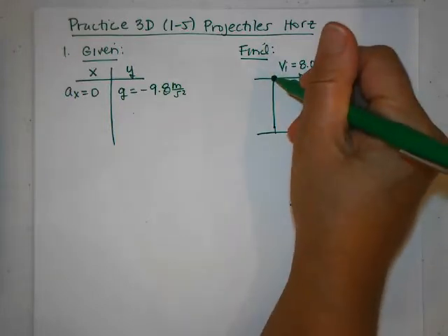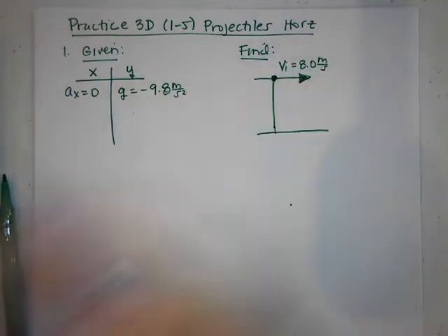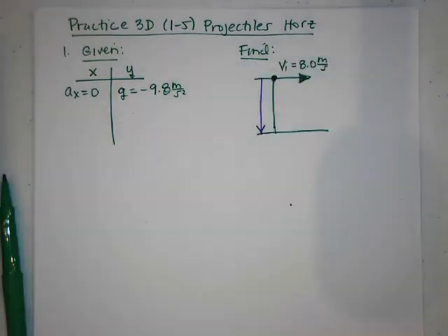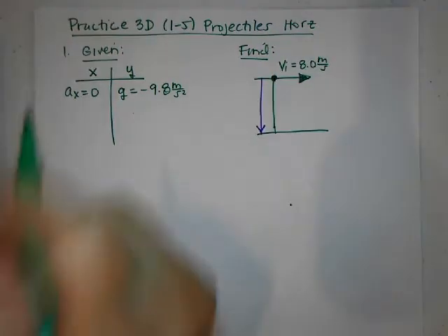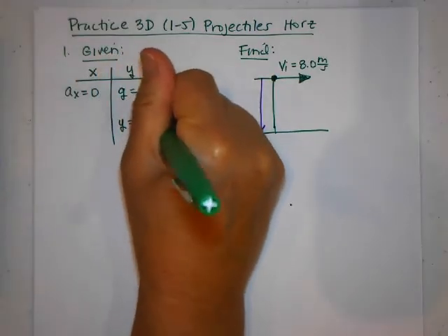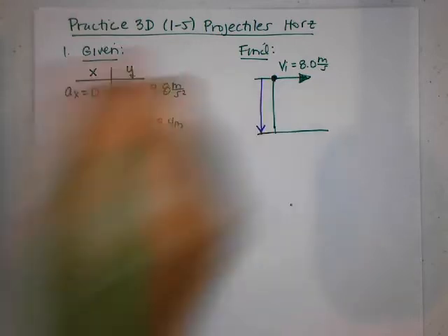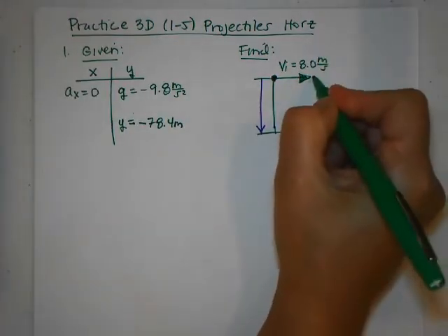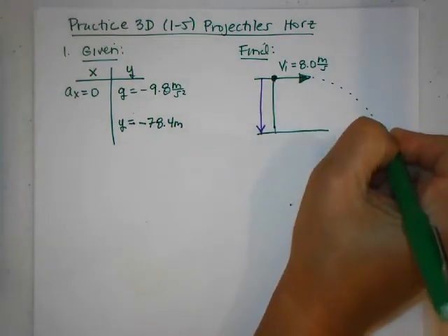So this is my frame of reference. Because I'm measuring from here down, you see how that's pointing down? In my given, I'm going to write that y is equal to negative 78.4 meters. Now this projectile is going to end up going like this.